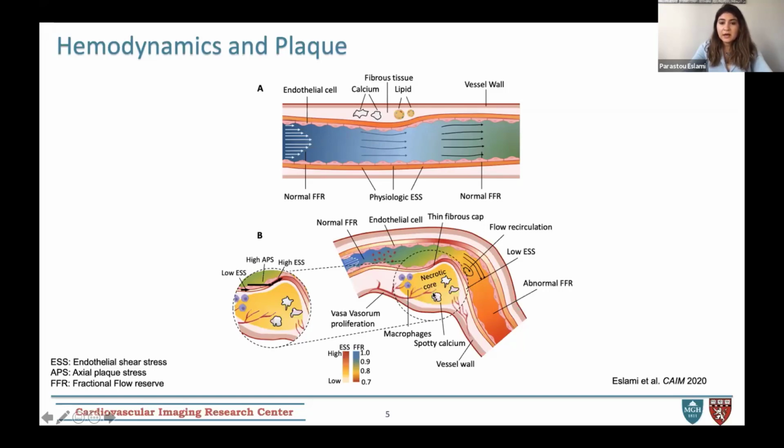However, when you have a plaque with a necrotic core at the minimal lumen area, you can see high shear stress and also a high FFR value causing ischemic flow. Upstream of it, you can see low endothelial shear stress and oscillatory flow promoting plaque progression. And downstream of it, you can see low ESS imposing inflammation, shown by the presence of macrophages.